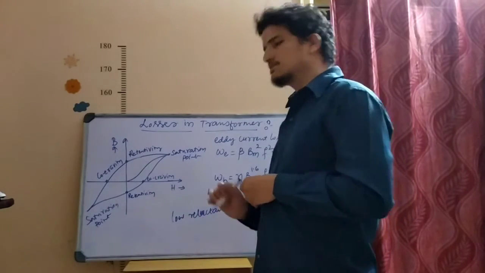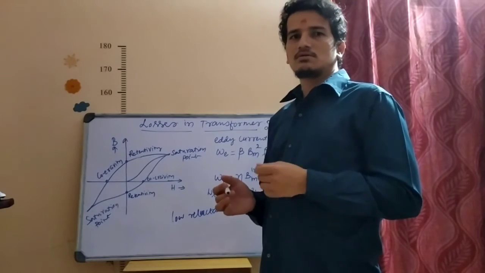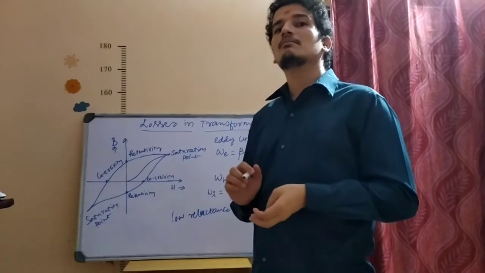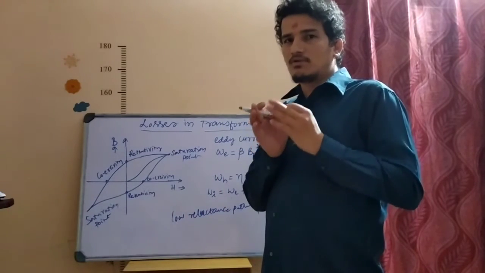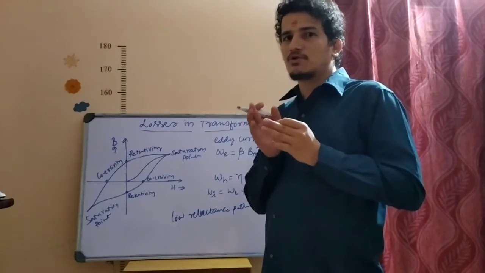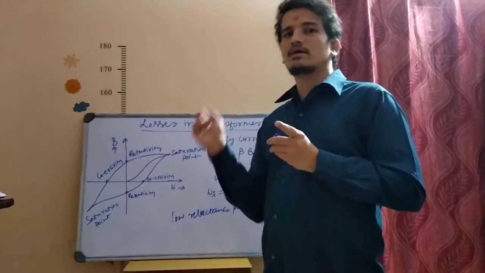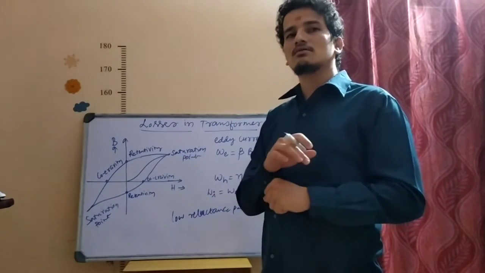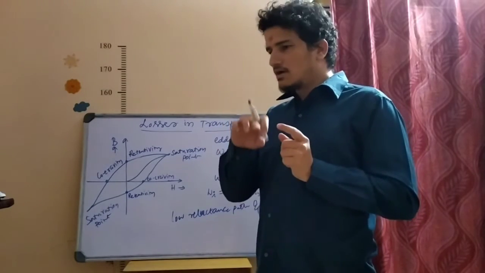Why this low reluctance path? Because it has to allow the maximum magnetic field, so that the complete amount of the magnetic flux produced by the primary winding links the secondary winding, so that there is no leakage flux and no flux gets wasted.